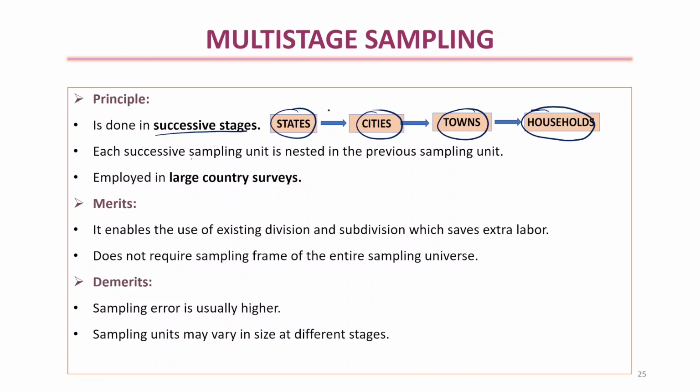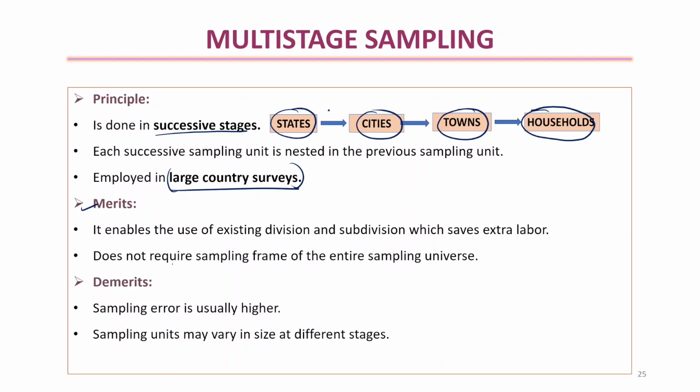This type of sampling is employed mainly in large country surveys, because it becomes impossible to prepare one complete sampling frame for the whole country. So now let's look at its advantages. Since we use existing administrative divisions like states, districts, blocks, villages, it saves time and effort.